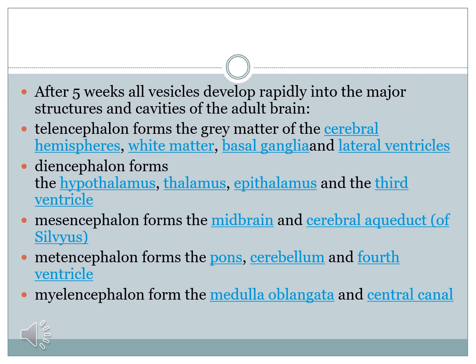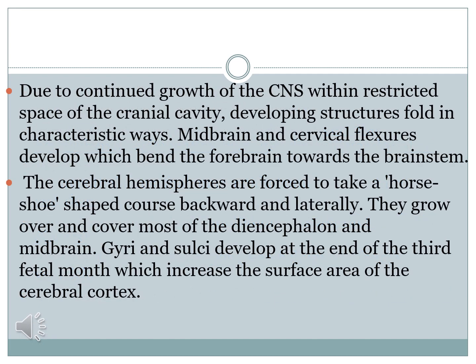You know the details of the cavities and structures. The growth of the brain tissue is much steeper and more rapid than the growth of the bones, so the developing brain will show folds in a characteristic way.